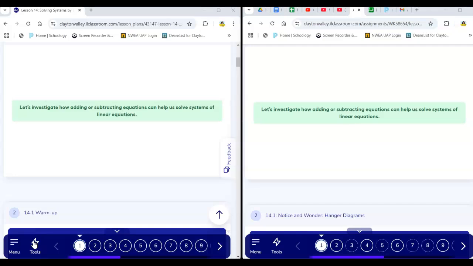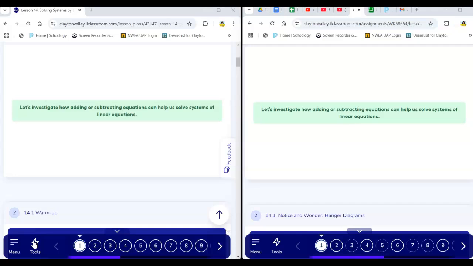And the two ways that we can use algebra are the concept of substitution, which we learned in lesson 13, and the concept of elimination, which we're going to enter today. Okay, we're going to scratch the surface, dip our toes in the water, whichever way you want to look at it.